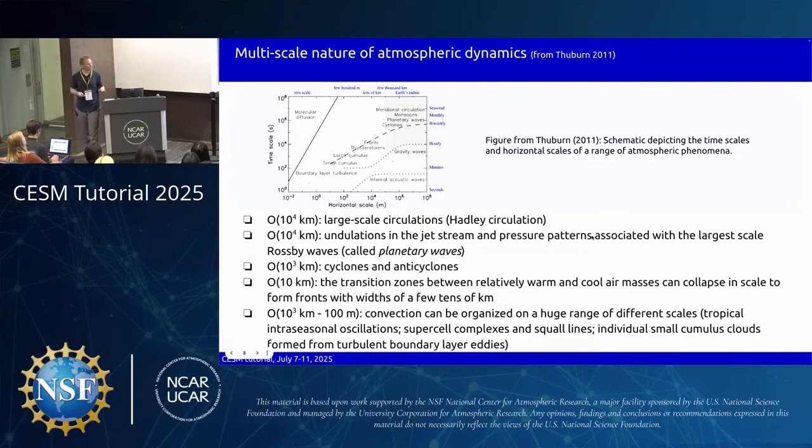So here's a space-time representation from John Thuburn from a lecture he gave in this room a long time ago. So you have horizontal scale all the way from meters here to thousands of kilometers. On the Y scale here, you have from a second up to a seasonal time scale. And then on this line here, you pretty much have all these phenomena that I just described.